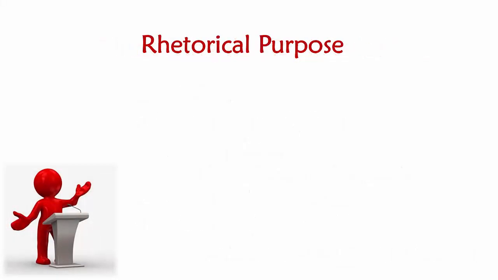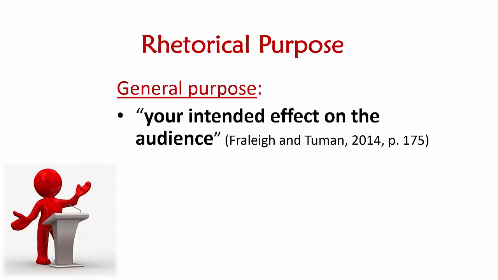Okay, so you have a topic, something that you want to talk about, but speeches aren't just about topics, they're about purposes. Public speaking is intended to accomplish something, and so you need to think about rhetorical purpose when you develop what it is you're going to talk about. When we talk about the general purpose of a speech, we're talking about your intended effect on the audience.